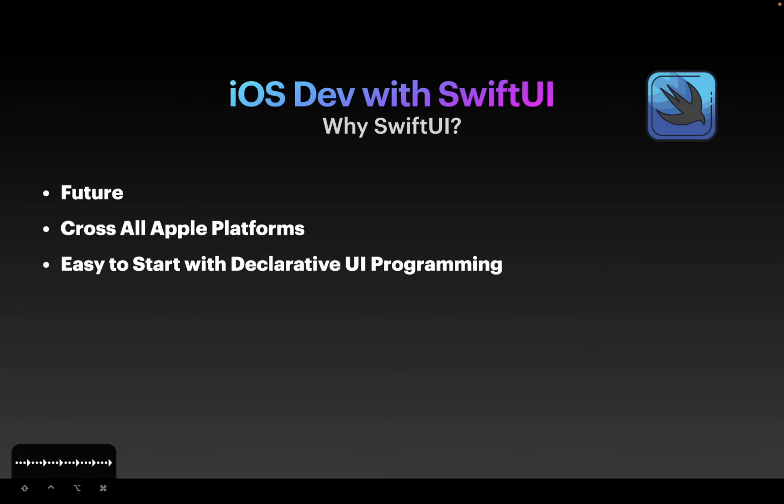Also, it's really easy to start with, thanks to something called declarative UI programming. Do you know the difference between declarative programming and imperative programming? Essentially, declarative programming means you just give a simple instruction to the compiler or the computer.